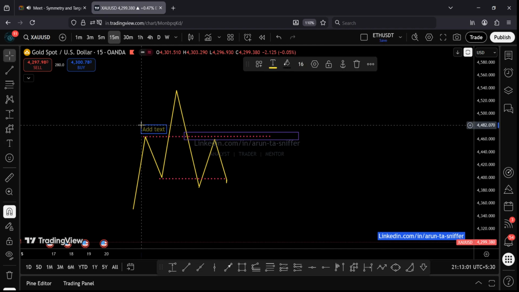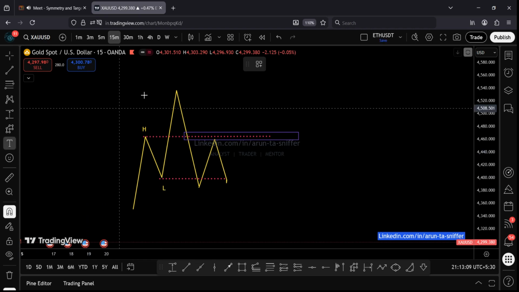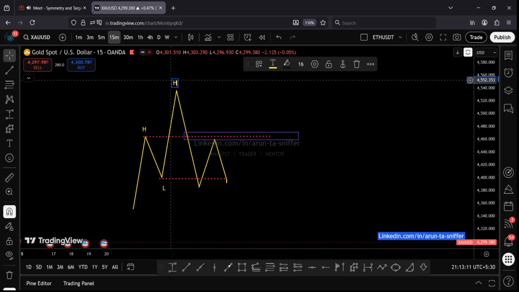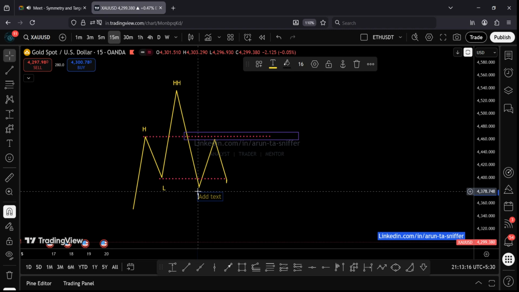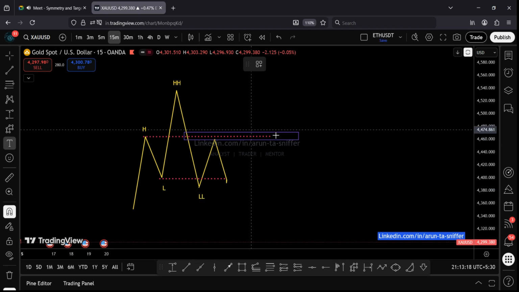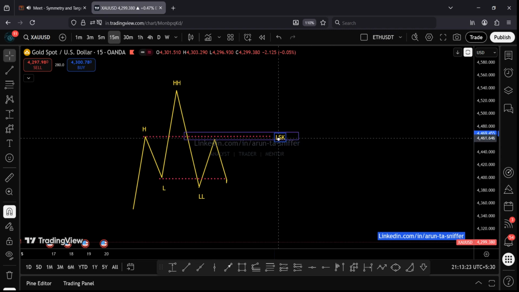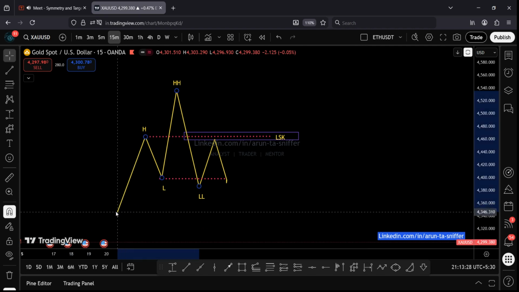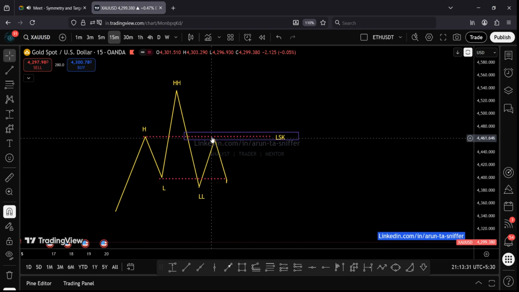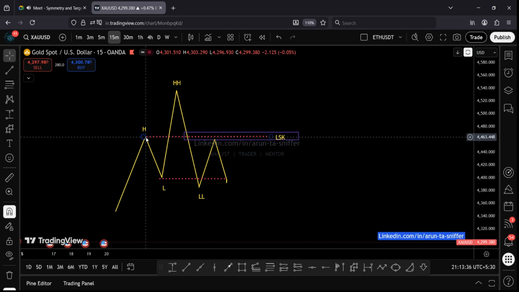Let's annotate this: high, low, higher high, and this will be the lower low, and this is our LSK. Why did this happen? This happened due to symmetry. Price goes back to the shoulder and comes down to where?